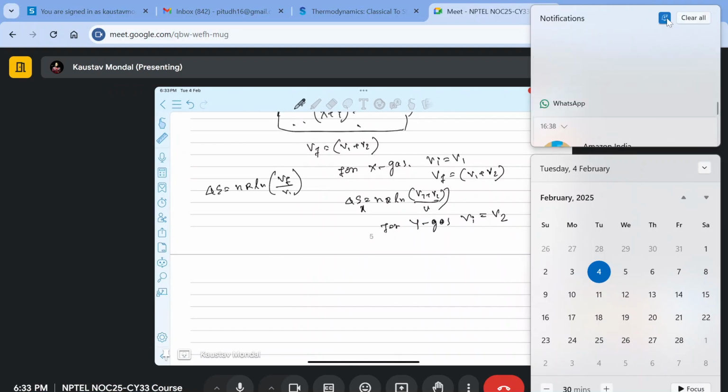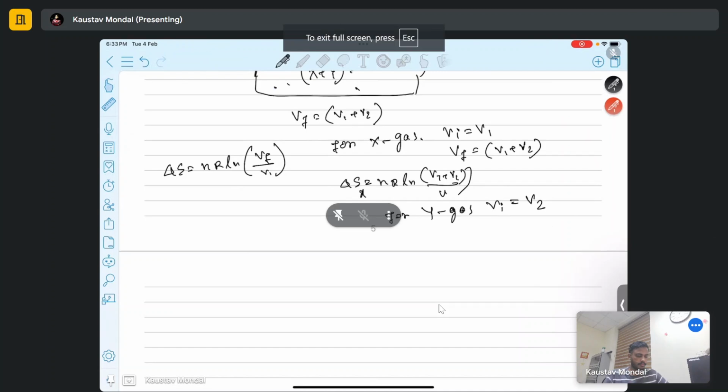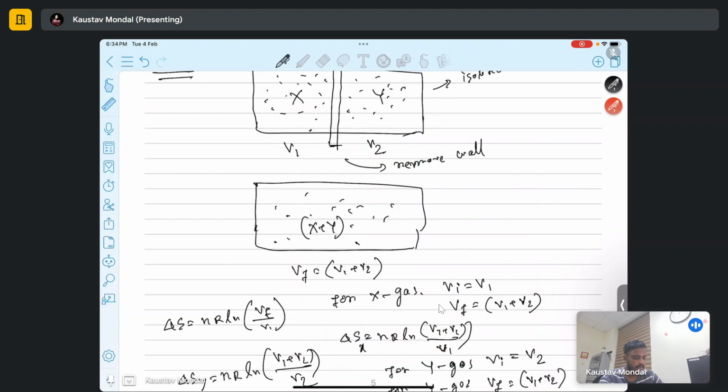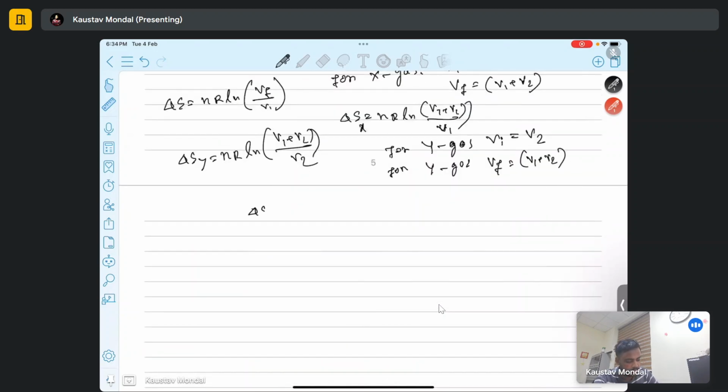The final volume Vf of Y gas was V1 plus V2, right? So for Y gas also, delta S_Y is nR ln (V1 plus V2) by V2. For Y gas there is also a change in entropy because Y is mixing with X gas. So the net change in entropy is delta S_X plus delta S_Y.